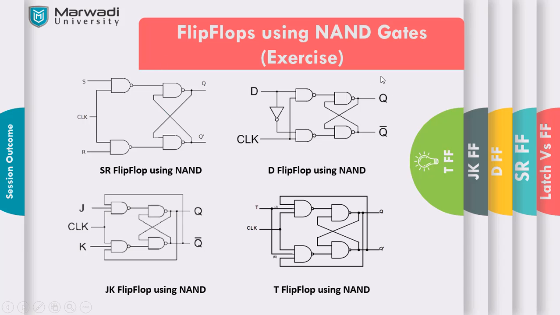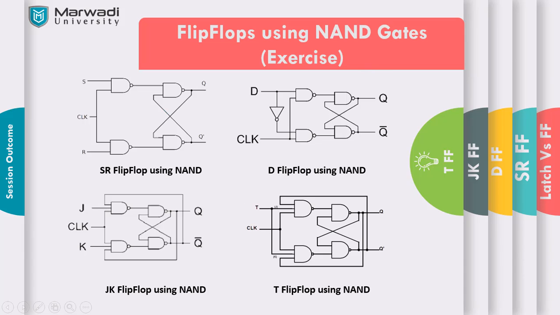NAND gate is also a universal gate, and by using NAND gate also you can make the SR, D, JK and T. So students, it is your exercise. Verify these circuits and find out the characteristic table of all these 4 flip-flops. Are you getting the same as you are getting in the NOR gate, or is it different? Right? And verify your answers with the respective faculty of your class.